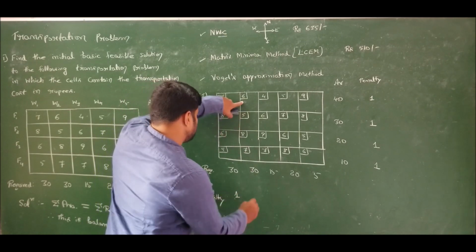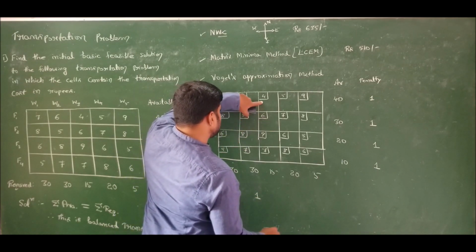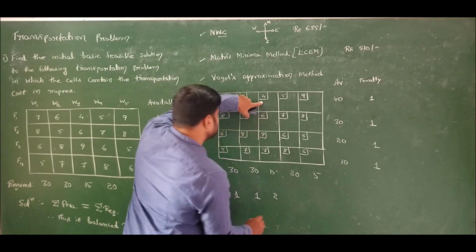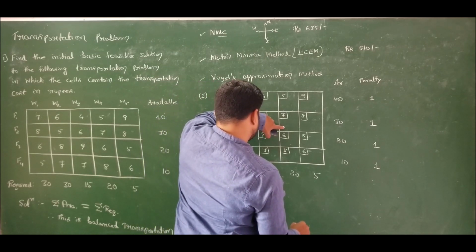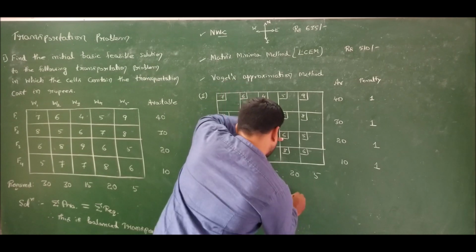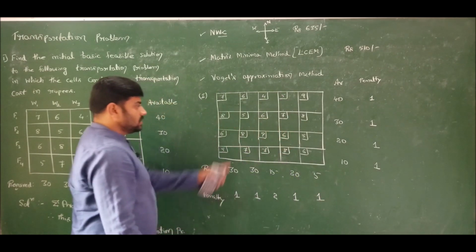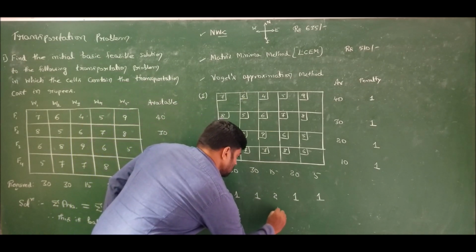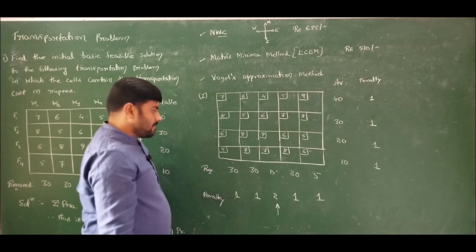Here 5 and 6, penalty is 1. Here we have 4 and 6, 6 minus 4 is 2, penalty is 2. Here 5 and 6, penalty is 1. Here 5 and 6, penalty is 1. So the highest penalty is this one, therefore I should allocate for this first.